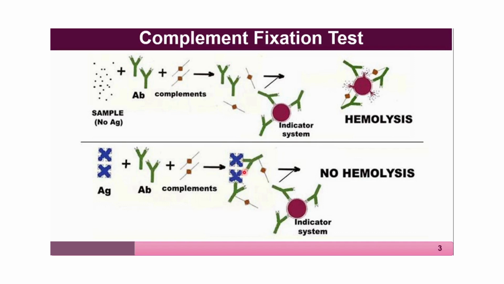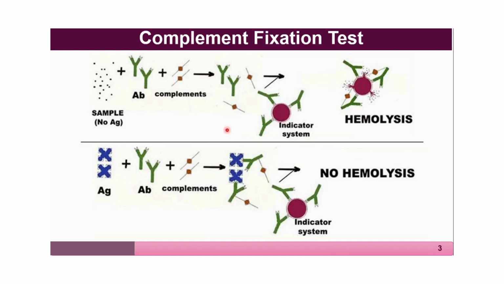Since the complement gets fixed to the Fc arm of the antigen-antibody complex, and since it gets fixed, the test gets the name complement fixation test. And it will not be available to cause the hemolysis of the indicator, that is sheep RBC readily bound to the anti-sheep RBC antibody.